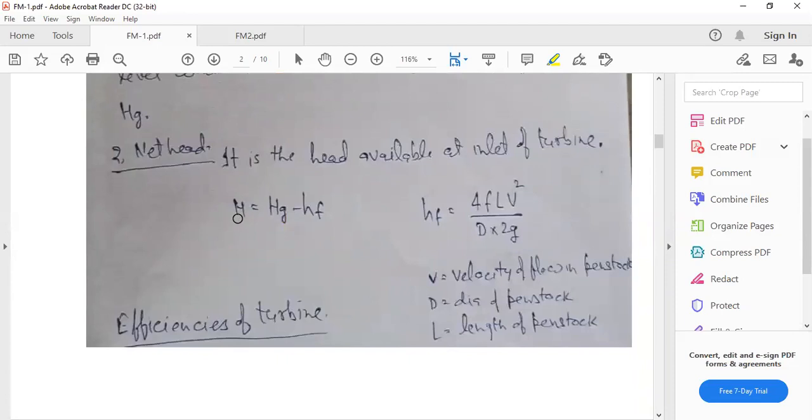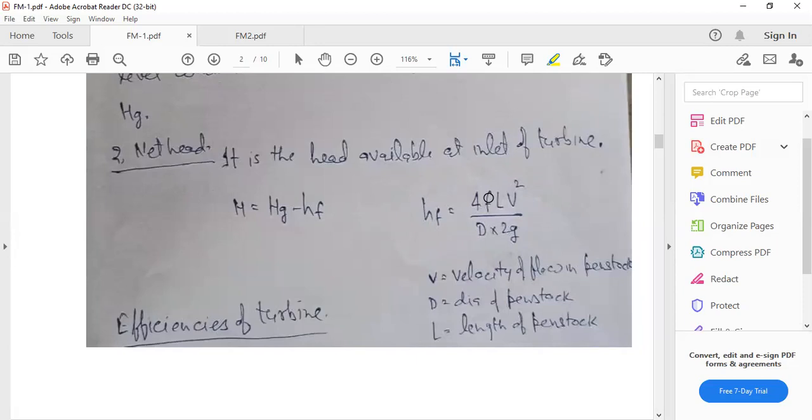So the net head becomes gross head minus friction head. Okay. H is the net head, and it is equal to Hg minus Hf, where Hg is gross head and Hf is friction head. Now this head is given by this formula Hf equal to 4 FL V square upon D into 2G, where V is the velocity of flow in penstocks, D is the diameter of penstock, L is the length of penstock, and F is the friction factor.